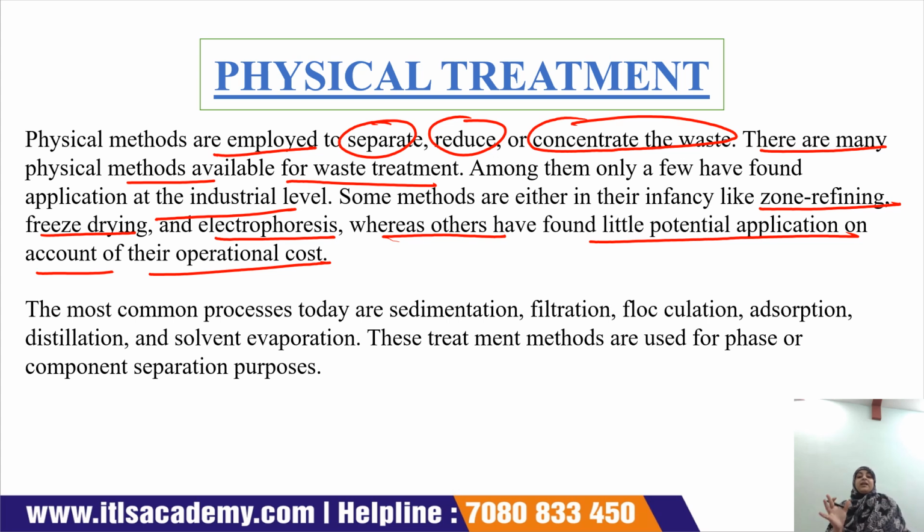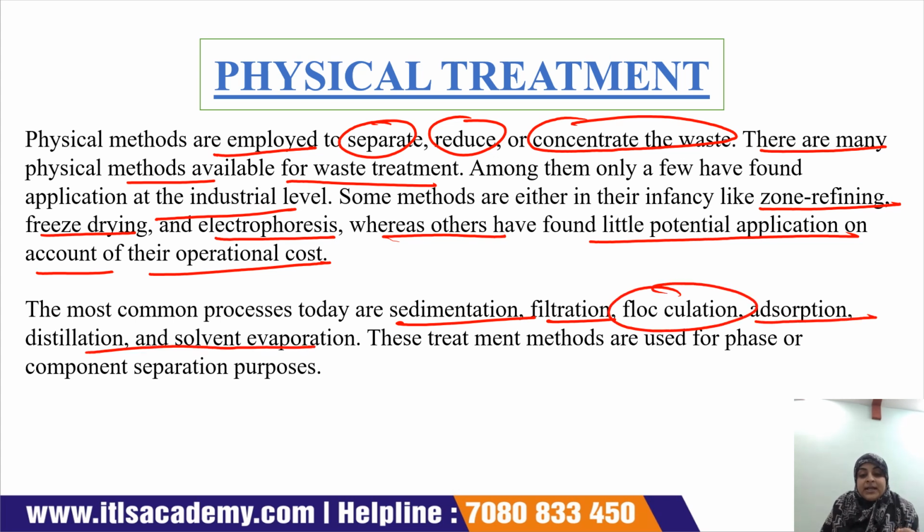At an industrial level, the most used are zone refining, freeze drying, and electrophoresis, and some other methods are also used. The common methods we use today are sedimentation, filtration, flocculation, adsorption, distillation, and solvent evaporation. These treatment methods are used for phase or component separation purposes.